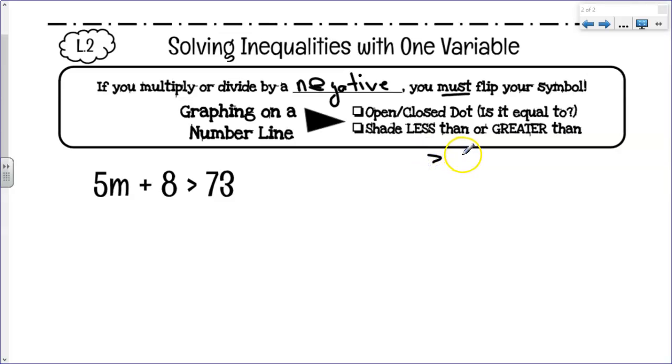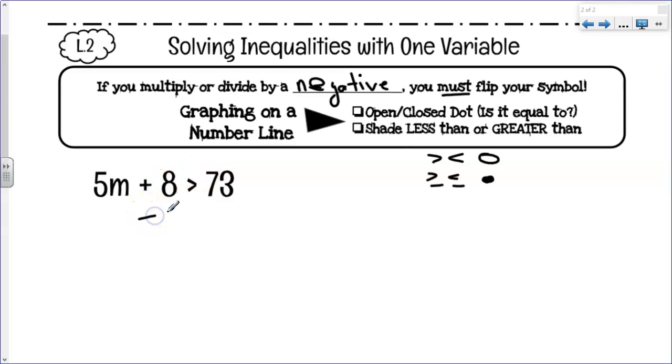If it's greater than or less than, that does not include the number, so it's an open dot. If it's greater than or equal to, or less than or equal to, that does include the number, so it's a closed dot. All right, so inequalities are solved the same as equations, except for when we divide by a negative, we have to flip the sign.